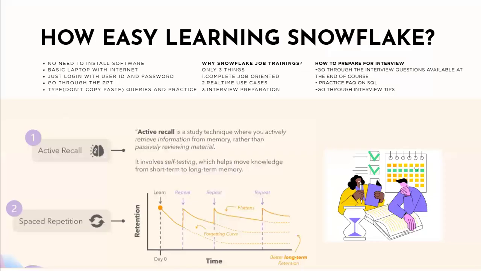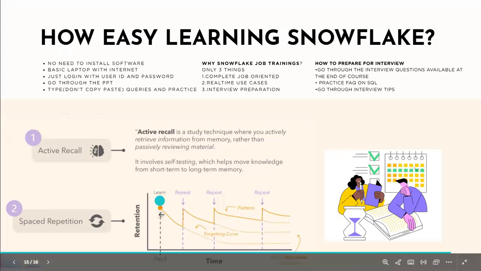What I expect: this course goes around 45 days. Once I complete SQL, I start ETL. Once I complete ETL, I start the core concepts. Once core is done, then I go with DBT. What I expect from you is to practice or do revision. Done with SQL in the first week, ETL in the second week, core concepts in the third week, then DBT.